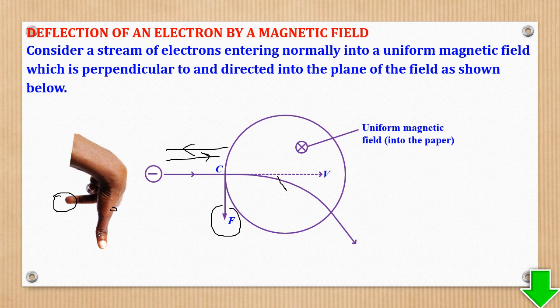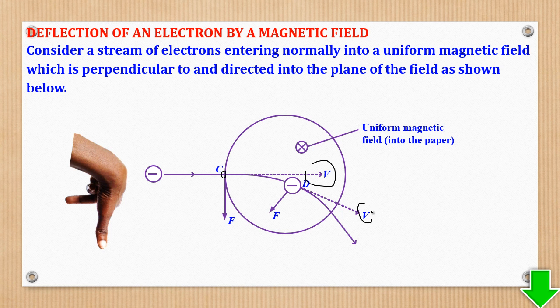When that happens, you realize that the thumb points downwards, and that will be the direction of the force acting on the electron. This one shows the velocity as it enters. Then when it enters, it keeps on being deviated. So at point D, still the magnitude is the same. Realize that magnitude is the same, but direction has changed.